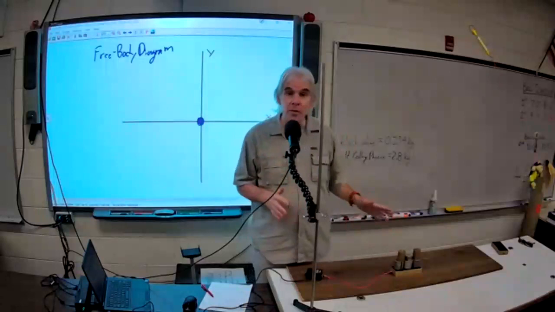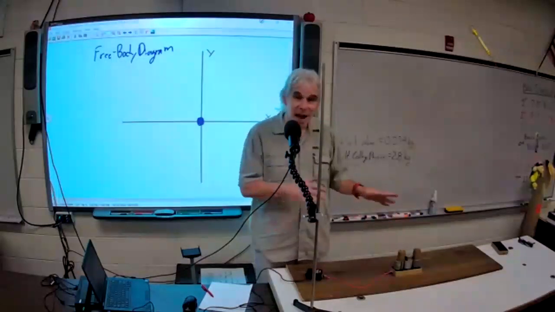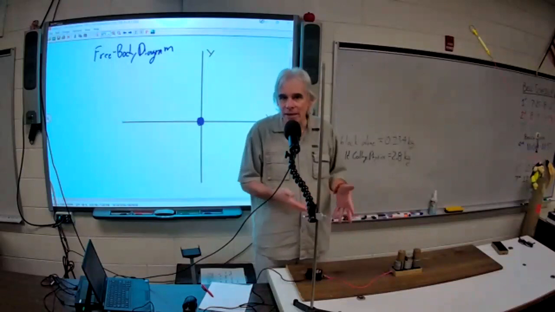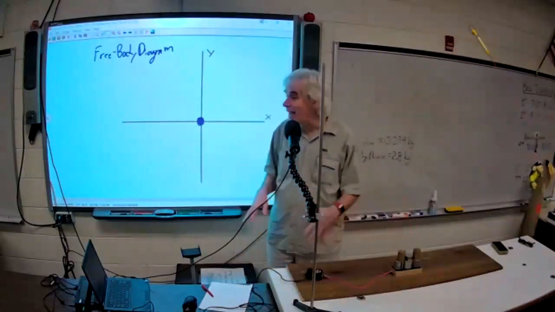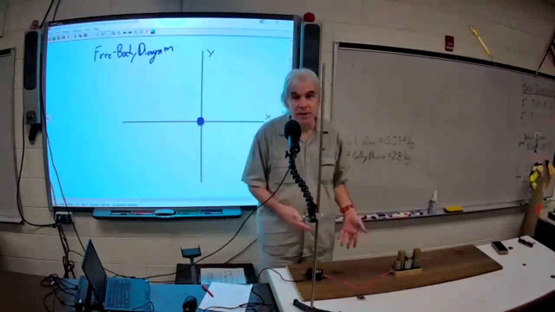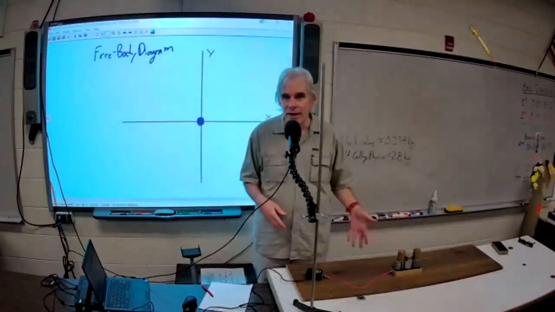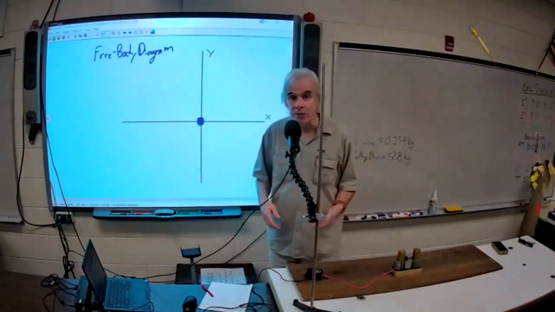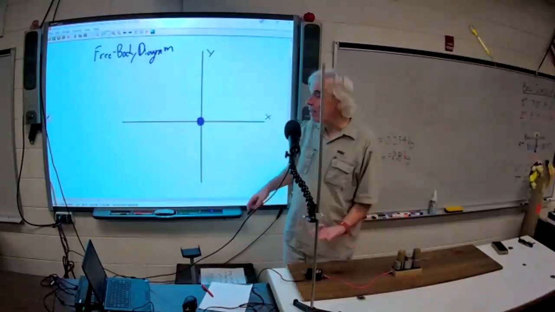We've discussed already the principle here. For translational motion, an object acts as if all of the mass were at the center. So I don't need to draw a fancy picture of the object. I can just draw a dot representing the center of mass of the object, and I can draw arrows for all of the forces that are applied to that object. We already talked about the first one, weight, which of course is pulling straight down toward the center of the earth.